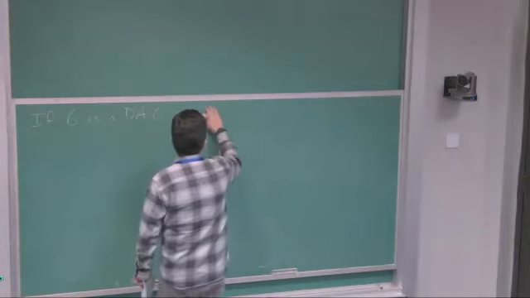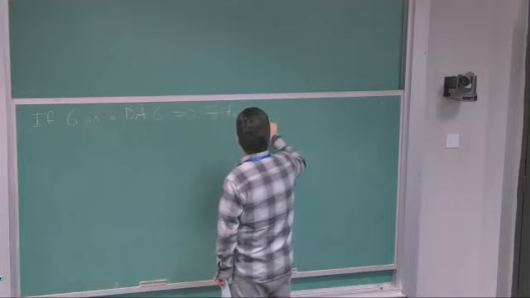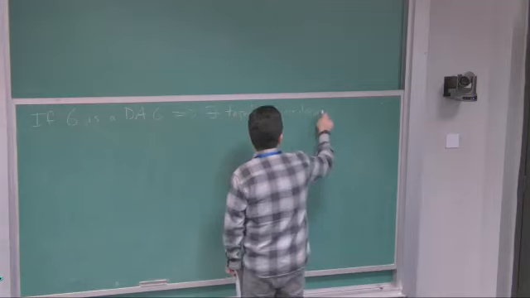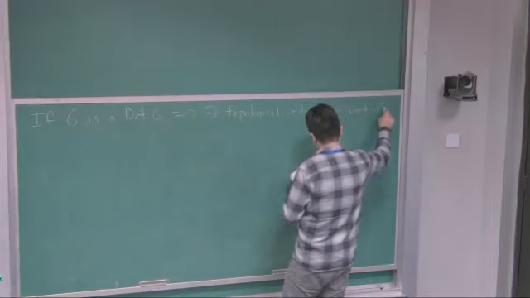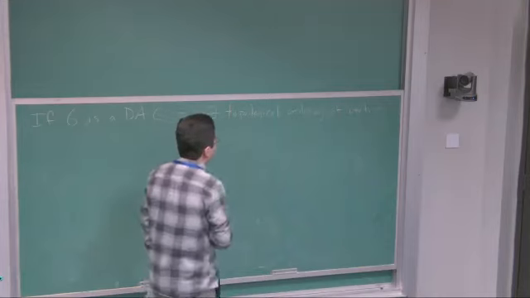then there exists a so-called topological ordering of the vertices. What does that mean?